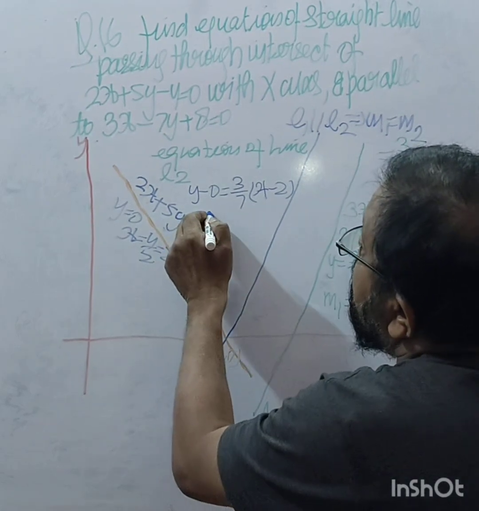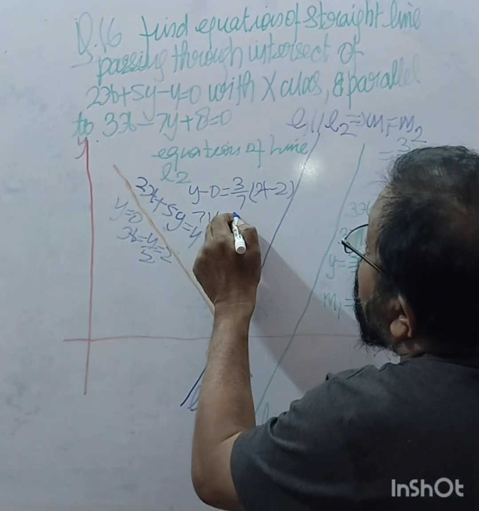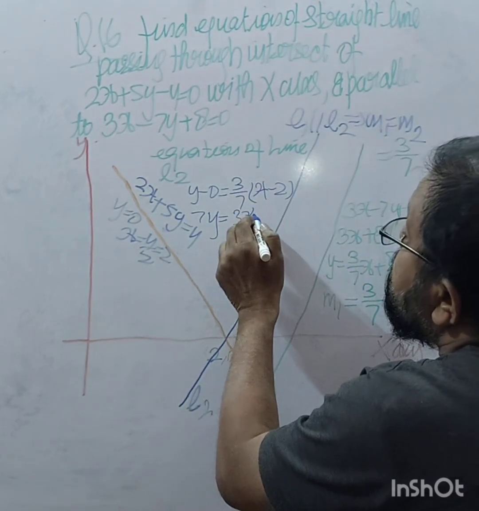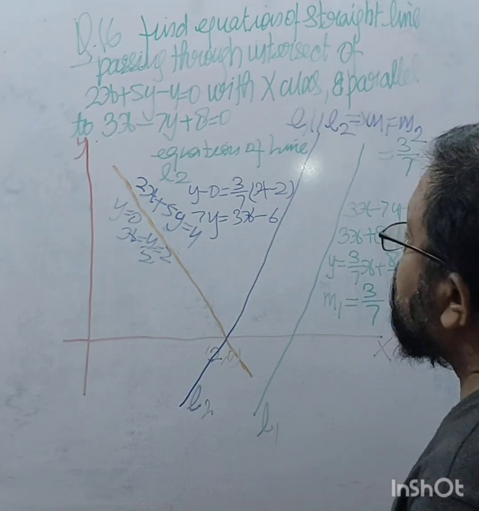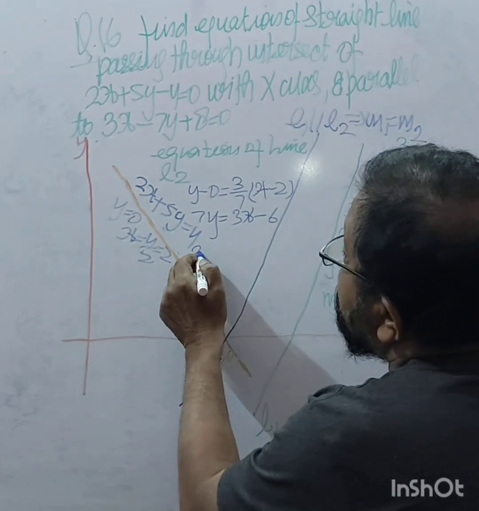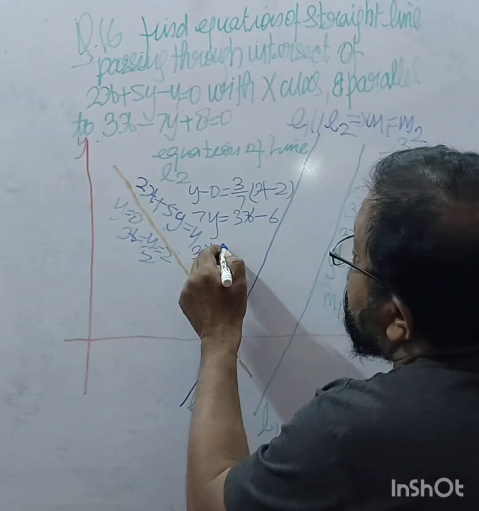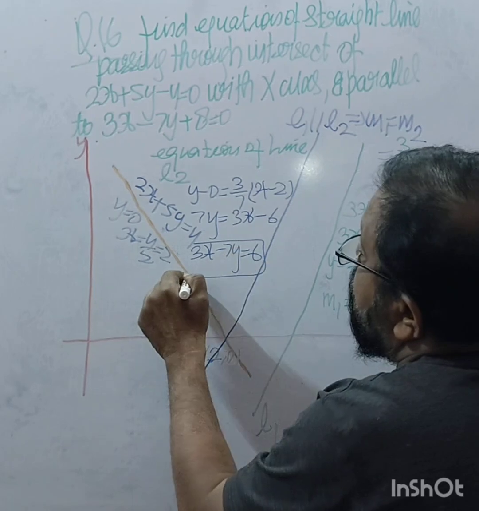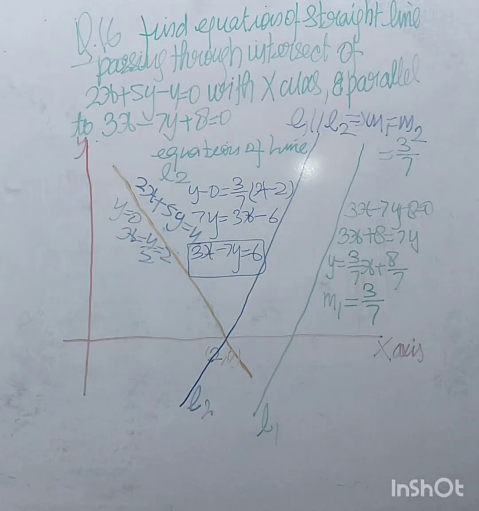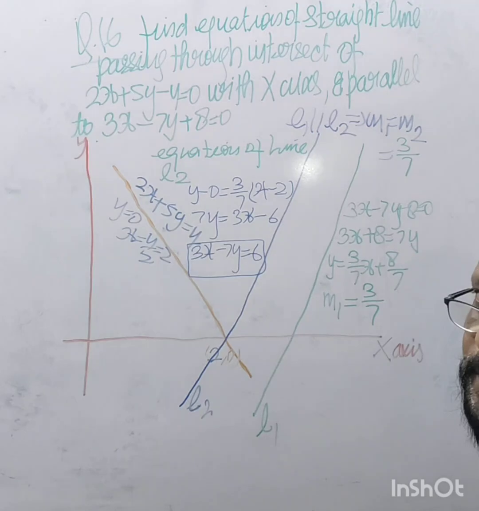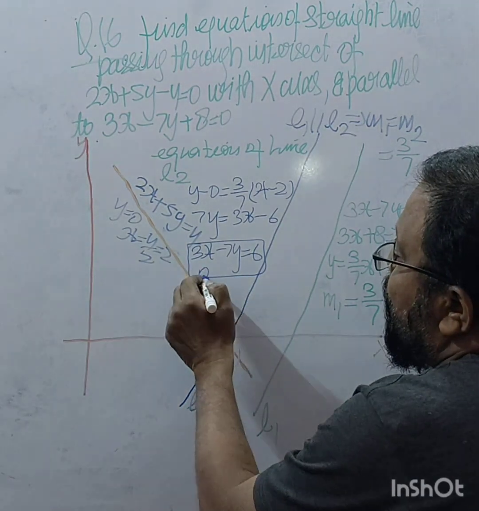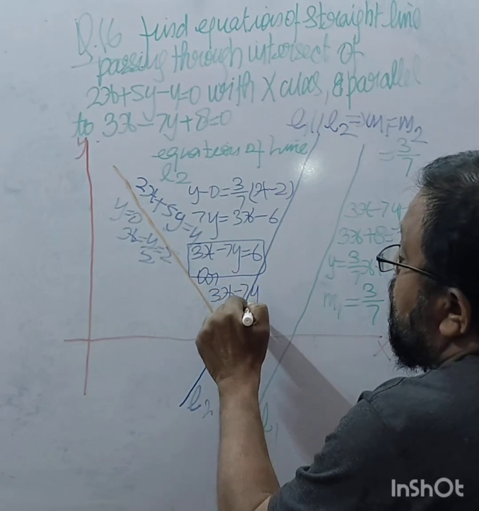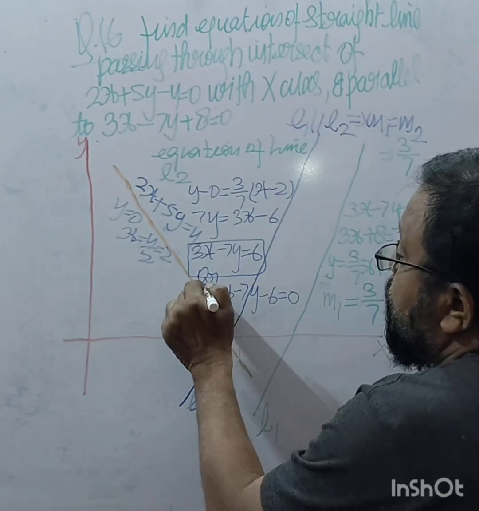So it is 7y is equal to 3x minus 6. So you can write 3x minus 7y is equal to 6. So we can write 3x minus 7y minus 6 is equal to 0.